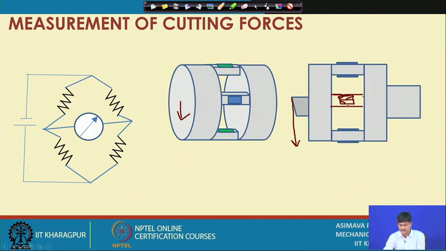In this case, however, it is below the neutral axis and it is going to register a compressive stress, and resistance is going to become less.